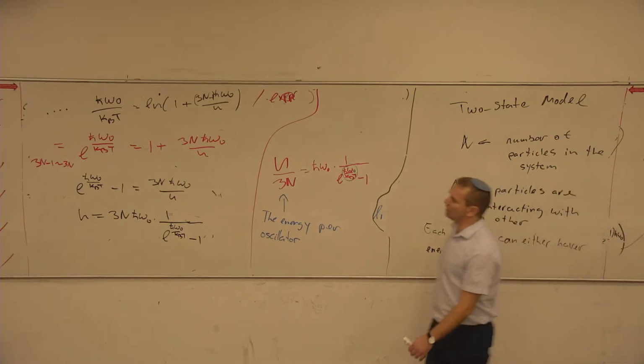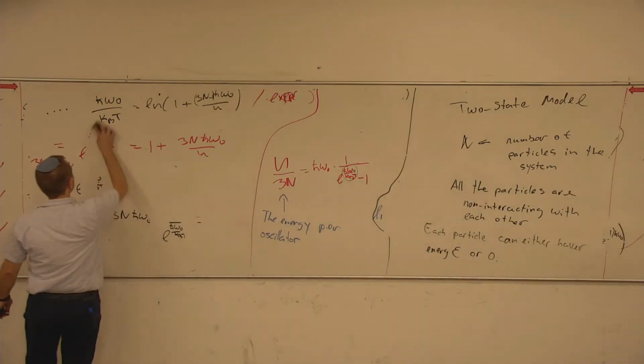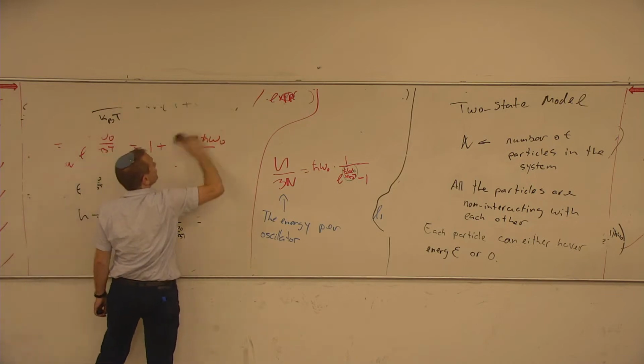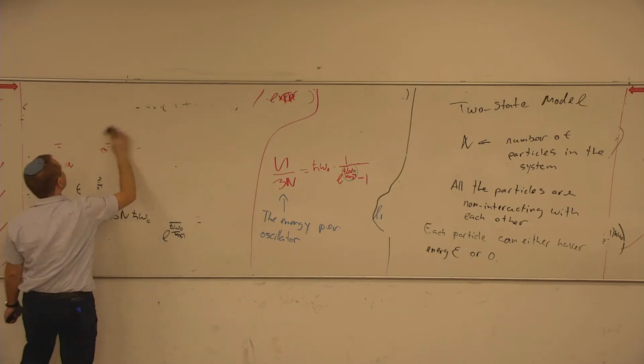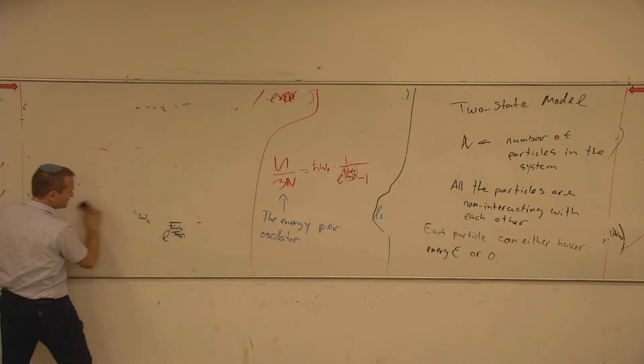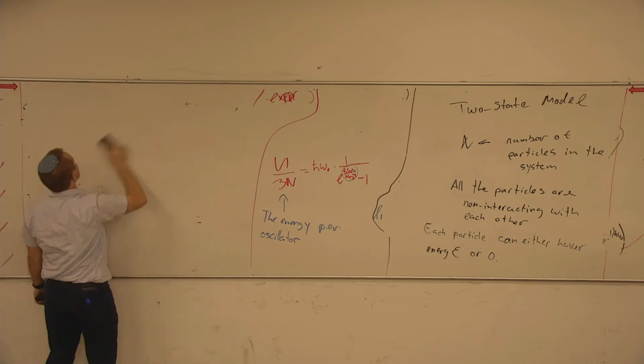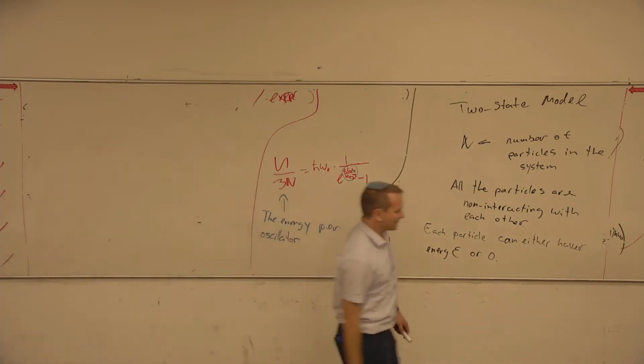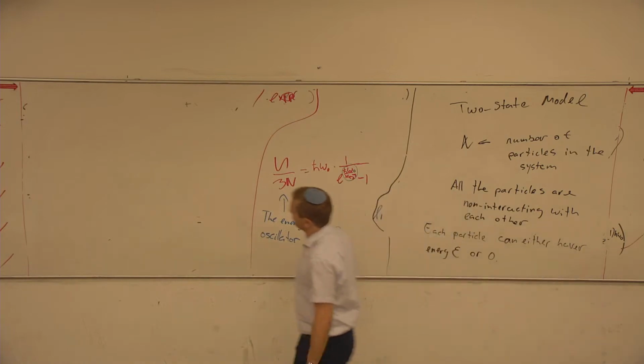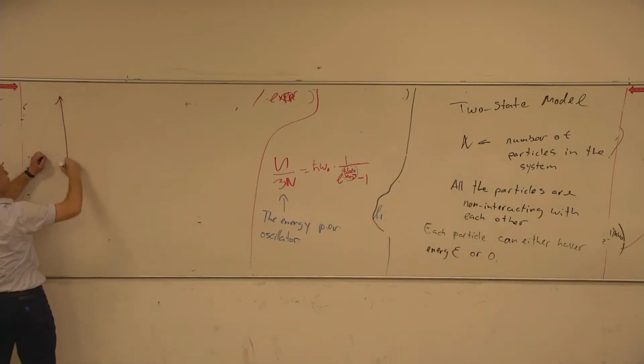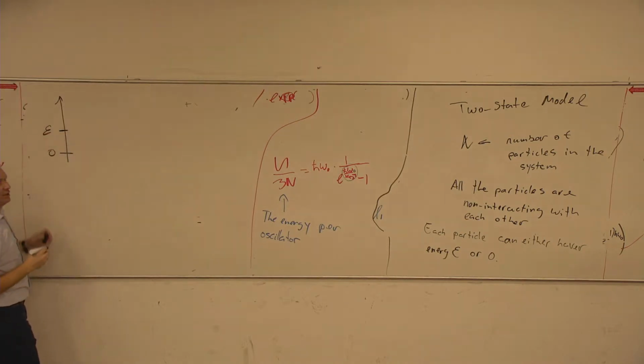Each particle is a two-level system. In quantum mechanics you have two-level systems. In optics you have two-level systems. Here we also will solve a two-level system. So for each particle, if you look at the spectrum, it has 0 energy and epsilon energy. And that's it.